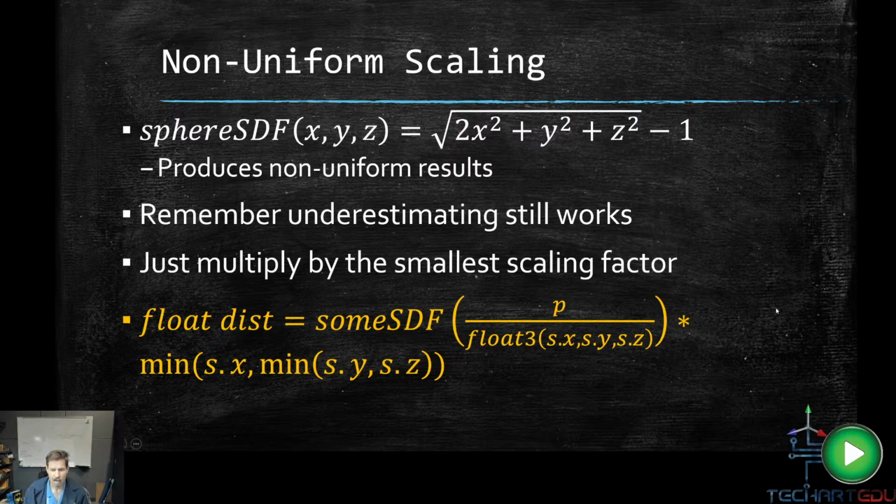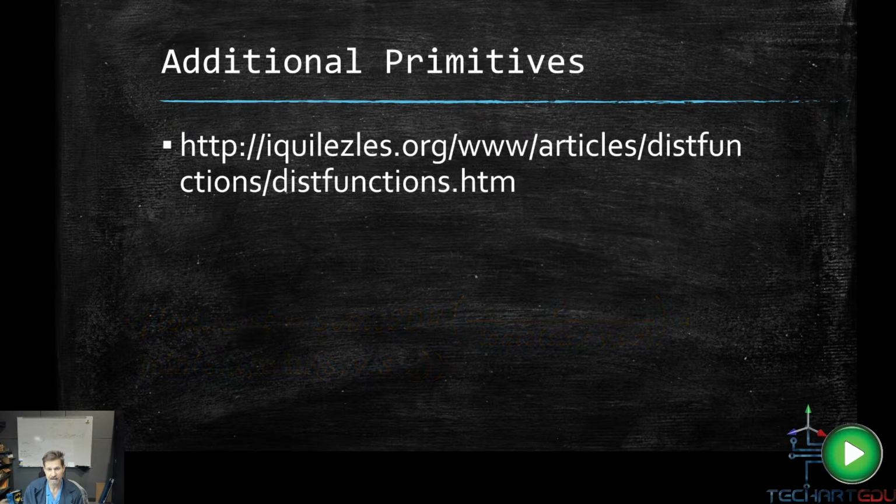So when we're dealing with non-uniform scaling, where we have different x, y, and z scales, we take our point and divide through by our x, y, and z scale. Then we multiply the result by the smallest of those three scaling factors, x, y, or z. That moves the ray along just well enough to get the right distance we need. And that's how it's done.